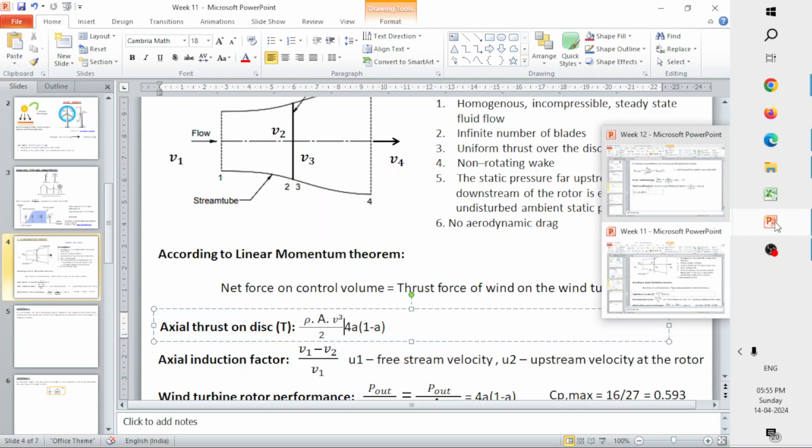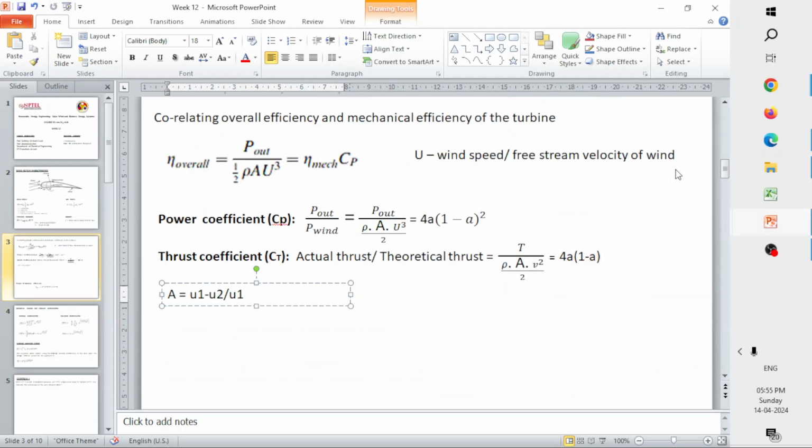So it's the axial induction factor. What it signifies is, when the wind comes and interacts with the blade, how much the velocity of the wind is reduced. That is quantified by your axial induction factor, here the small a.